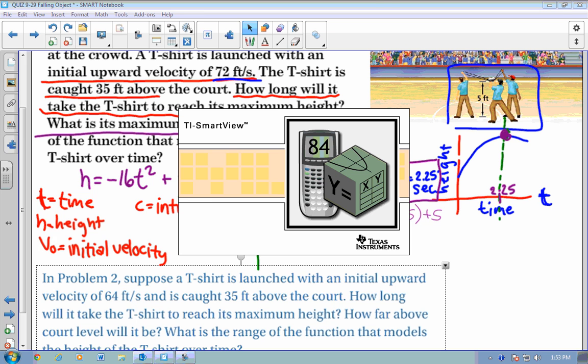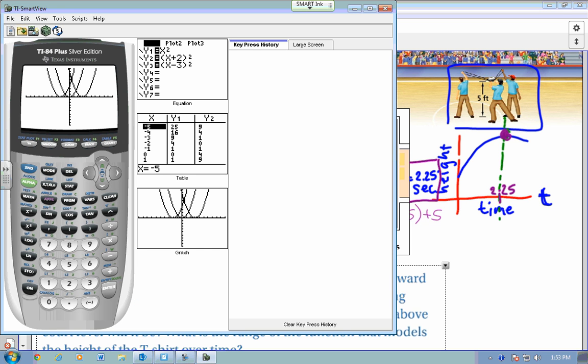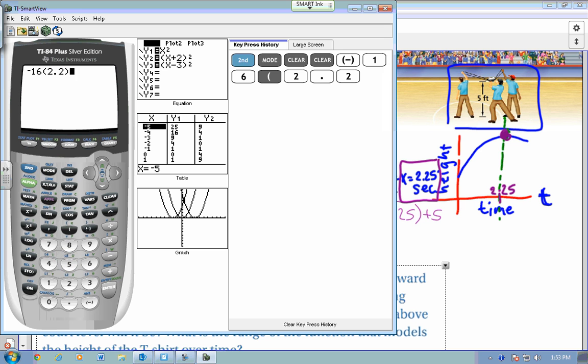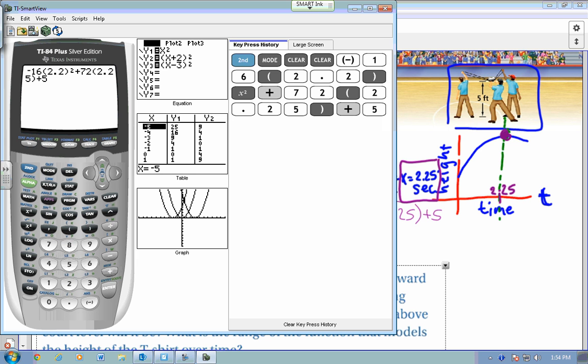You type in exactly negative 16, parentheses, 2.25, close the parentheses, squared, plus 72 times 2.25, close the parentheses, plus 5. Oh, I did something wrong.